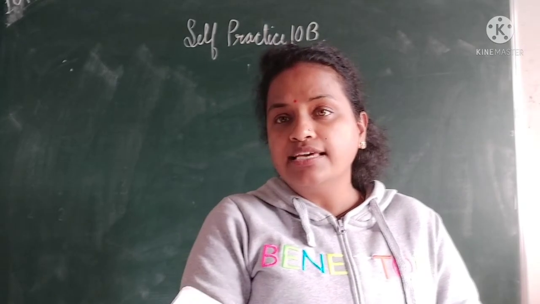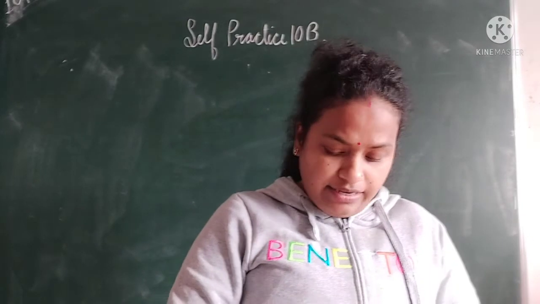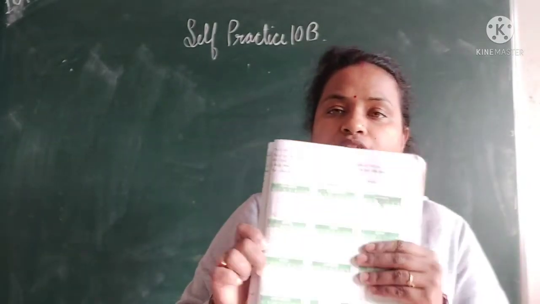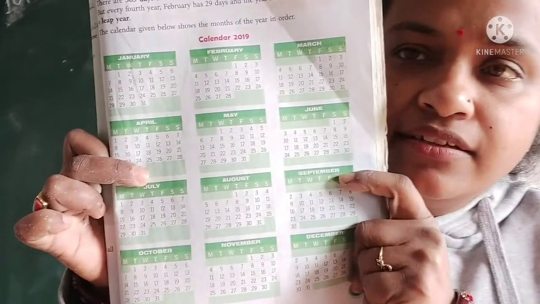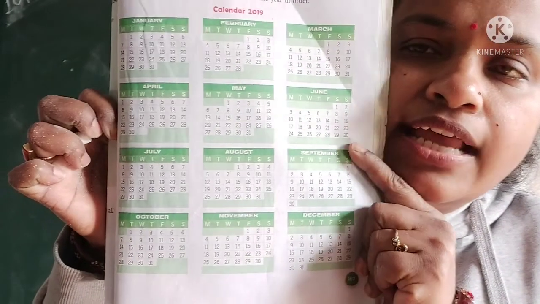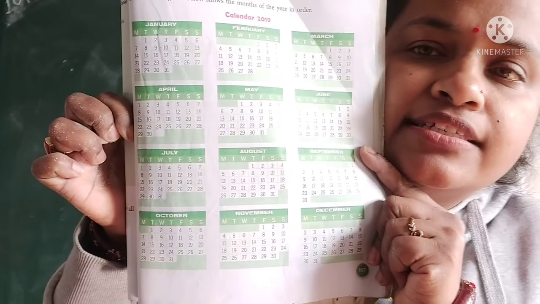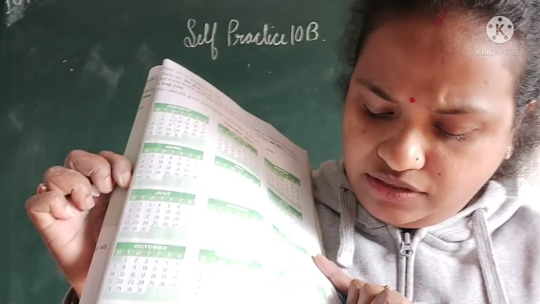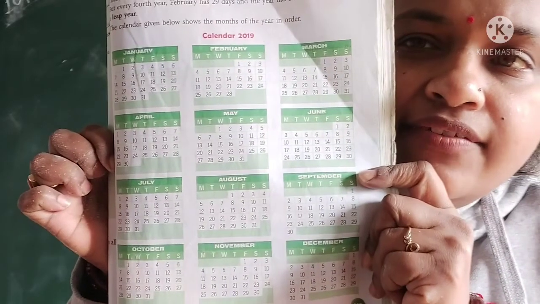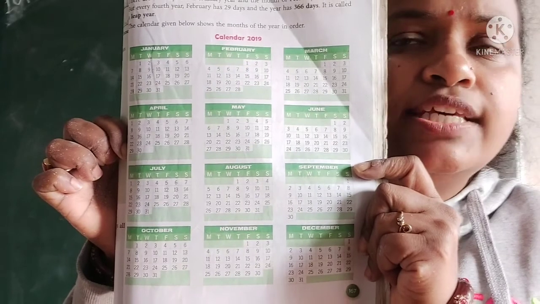You can see this calendar of 2019. It is given on your page number 167. Can you see it here? This is about the calendar. Okay? Can you see?